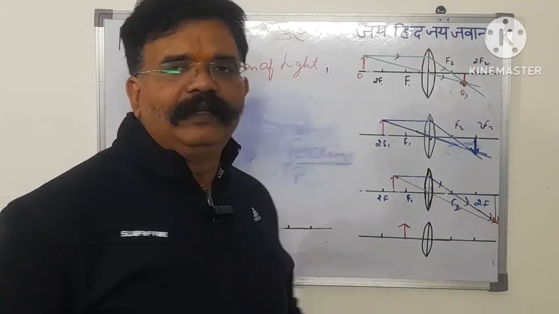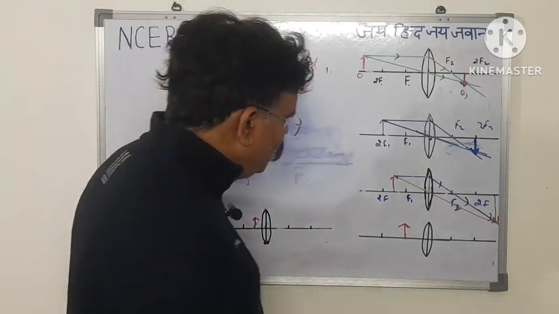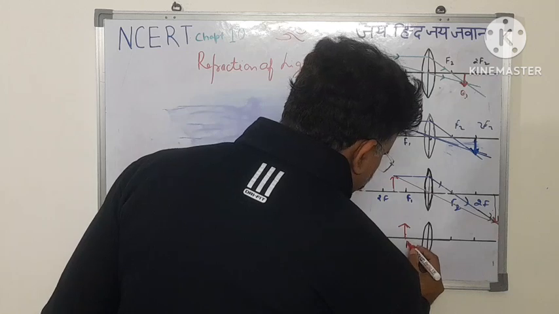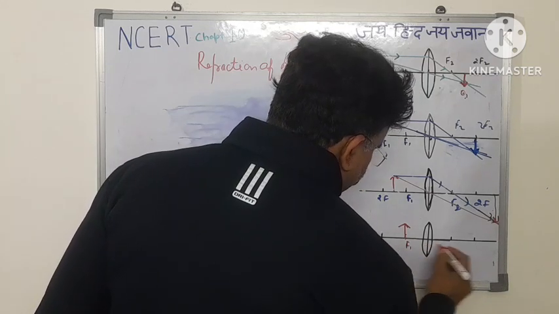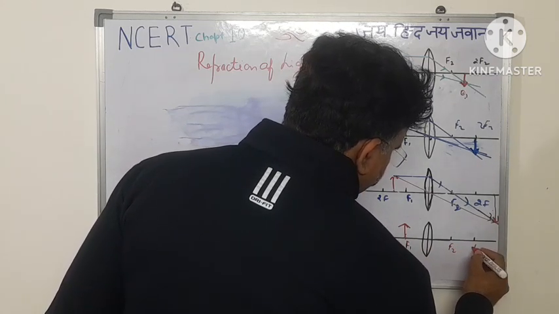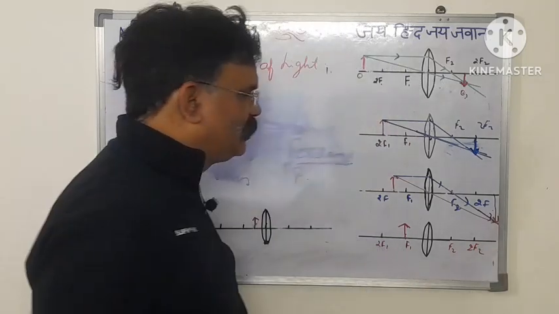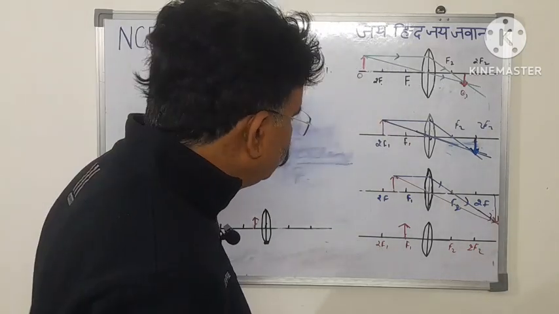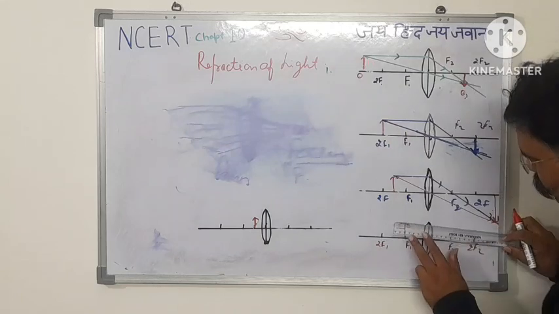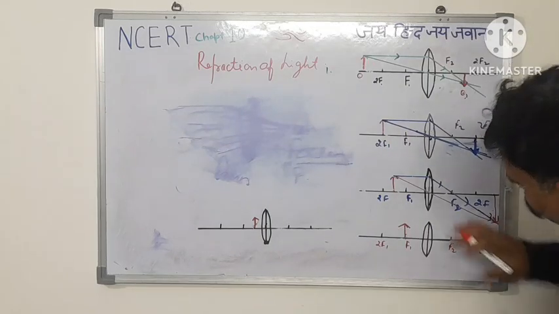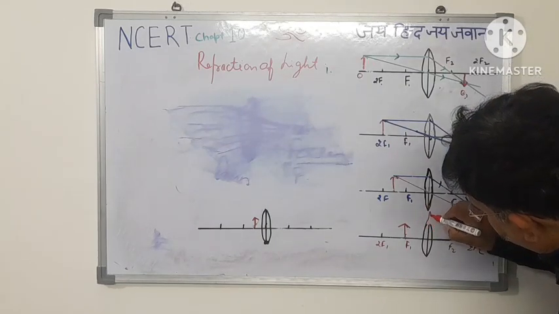Now let us see another one. One more case may be there. This is the focus. This is the 2F, the second focus, that means double the distance of the focus. What is happening? Now let us make this lens a little bit bigger.